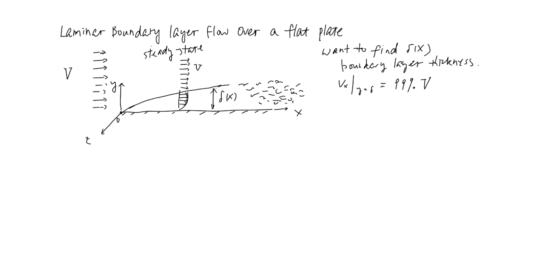But the velocity will decrease in the boundary layer until it decreases to 0 on the plate due to the no-slip boundary condition. So we can find a spot where the velocity in the boundary layer is 99% of the bulk part. That's how delta is defined.